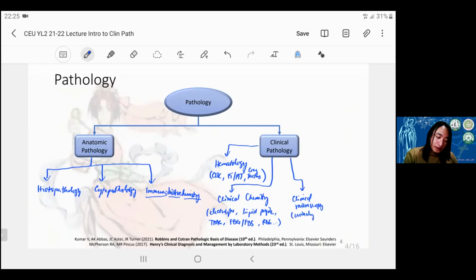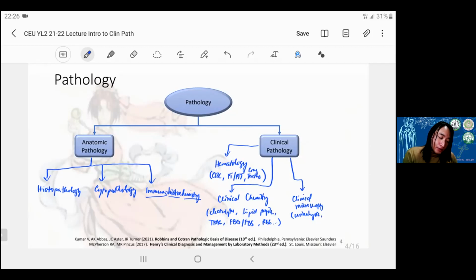So in urinalysis, there are a lot of sediments that you are trying to examine, as well as the different cellular elements, if there are fungal elements, bacteria, or other microorganisms that are seen.